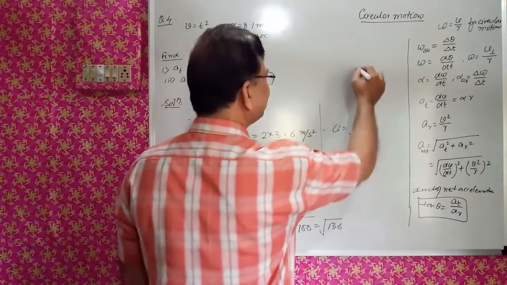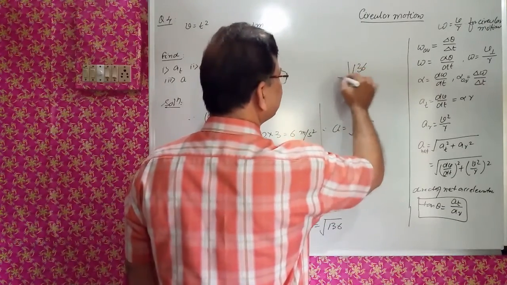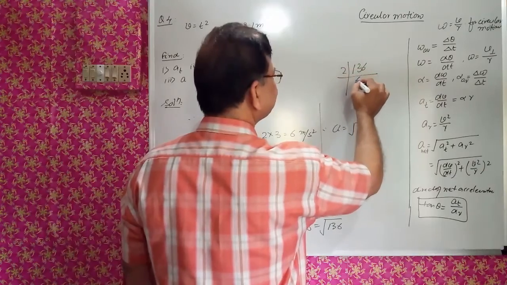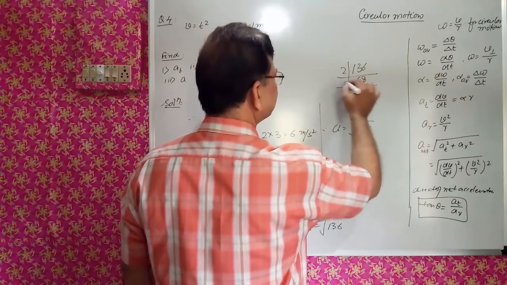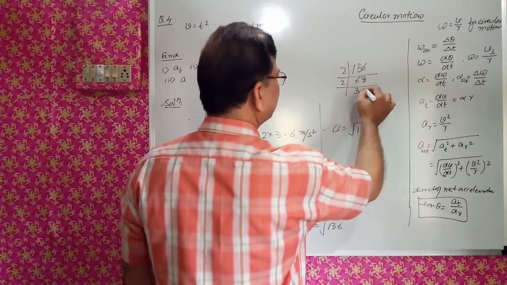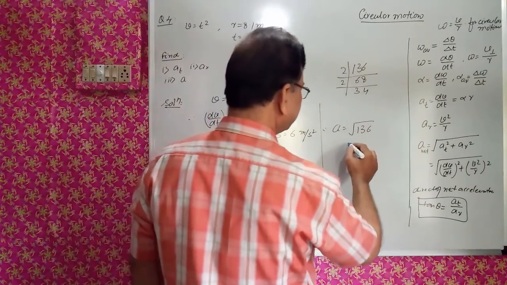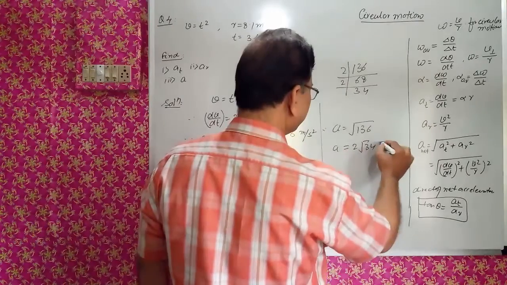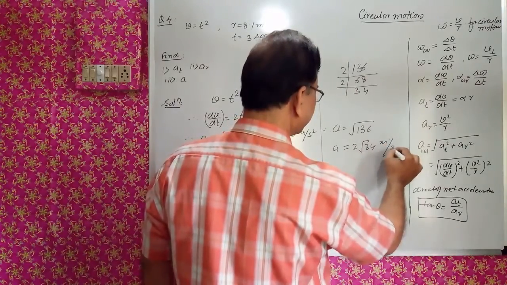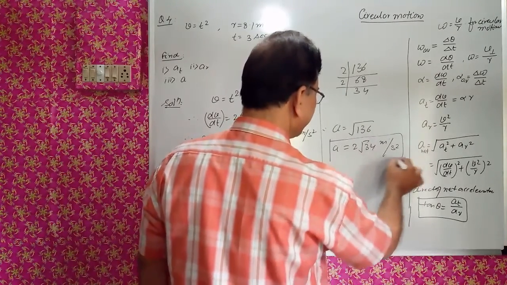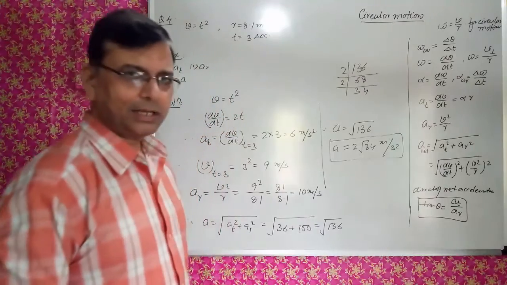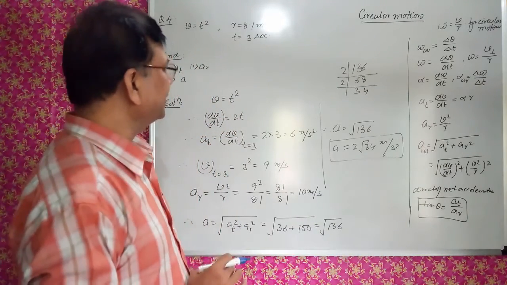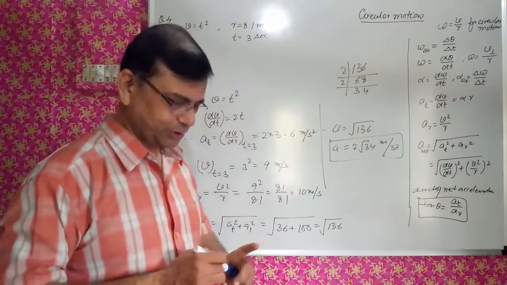It can further be simplified. 136 can be factorized, so it can be written as 2 under root 34 meters per second square. This is the net acceleration, or simply acceleration, for this kind of circular motion.